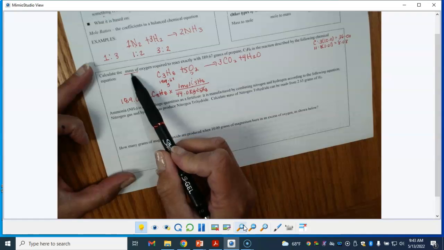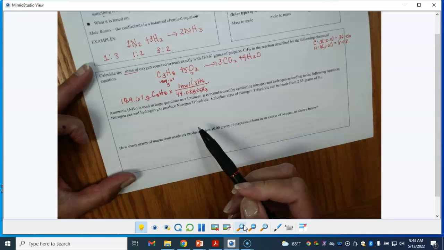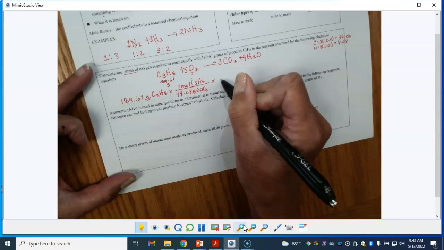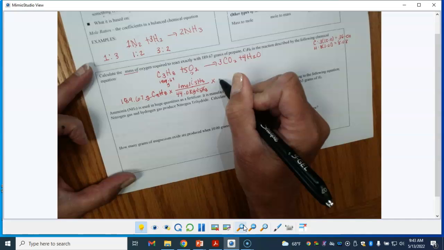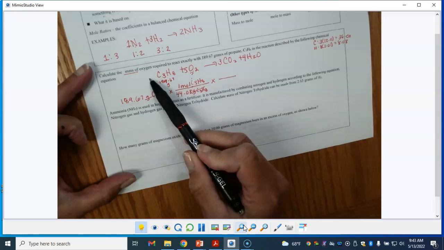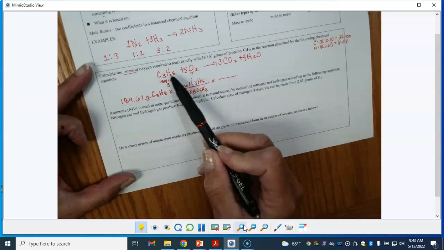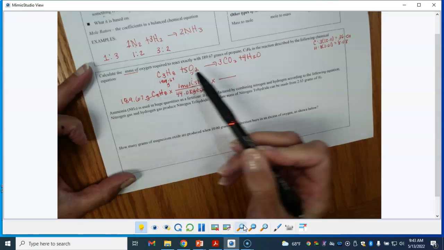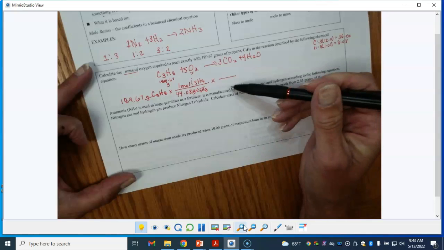This is where my mole ratio is going to come into play. My connection between propane and oxygen is my mole ratio. I have a 1:5 ratio here. So I'm going to use that to switch substances.